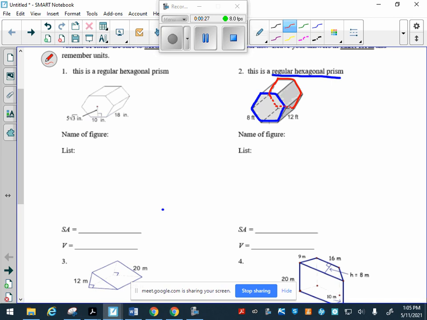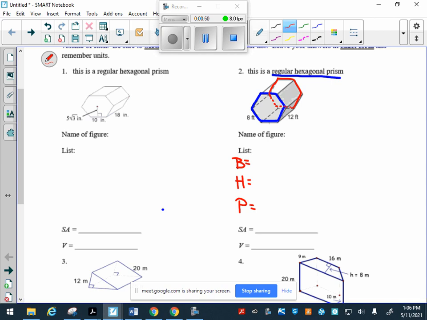When we find the volume and surface area, we have to make our list. We have to find capital B, capital H, and P. What does capital B stand for, you guys remember? Area of the base. Not just base, right, but area of the base.